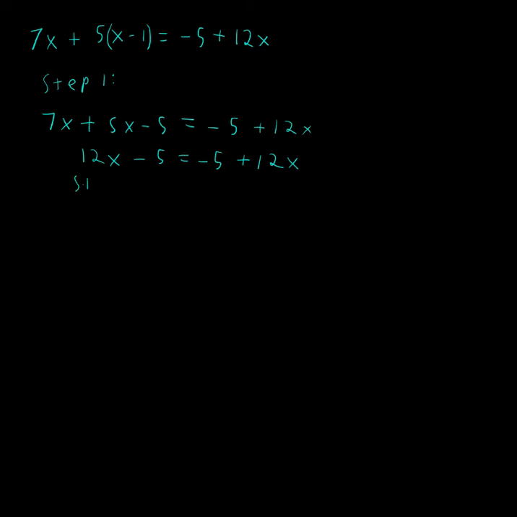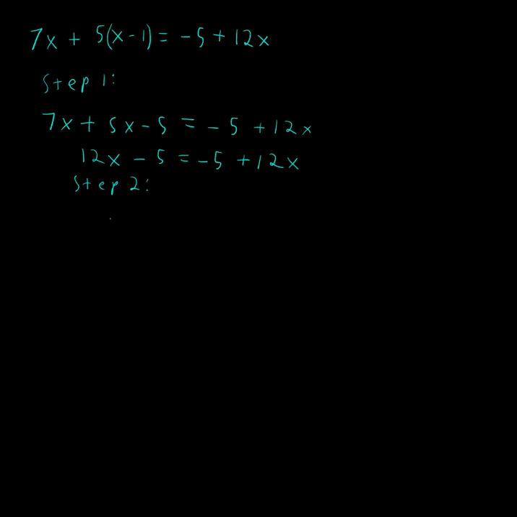Now we can do step 2. And so for step 2, all we're going to do is use the additive and subtractive properties of equivalence to get all of our variables on one side and make sure they are alone.